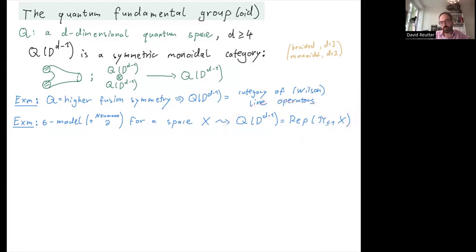And then you have to do a little work to show that this is even an equivalence as a symmetric monoidal category, so that the symmetric monoidal structure defined by the pair of pants agrees with the symmetric monoidal structure on the representation category. Okay.